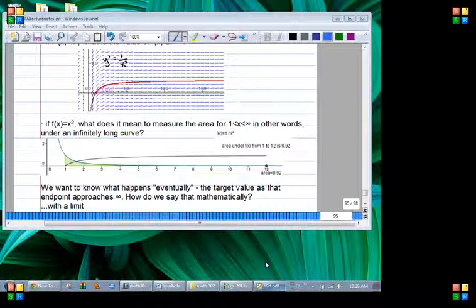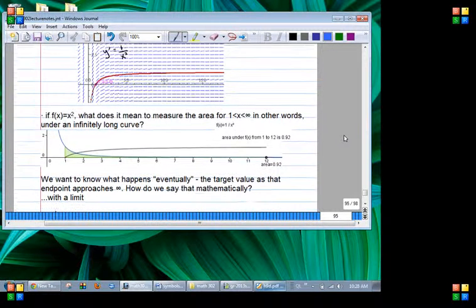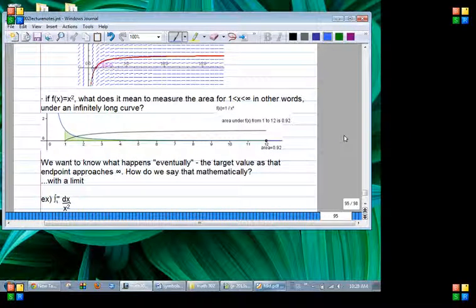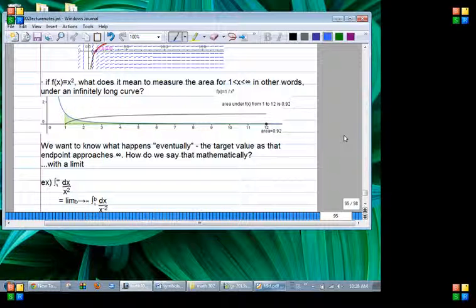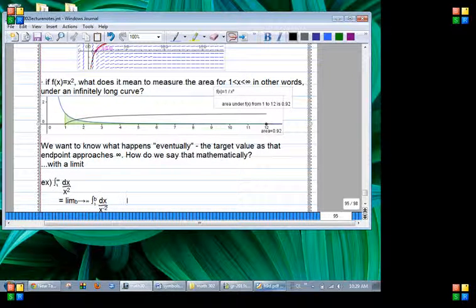So let's take a look at how we set that up. You start with your original integral, and since infinity is really there, what this means is to take a limit. So we set that up. Sorry, a bit of a typo there. Let's fix that.